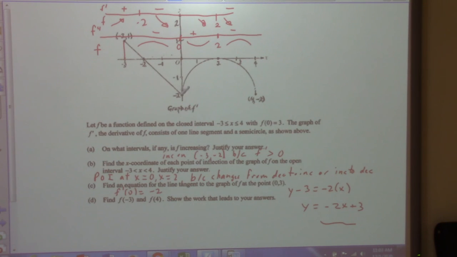We know it's 0, 3, isn't it? So we know it's 3 here, and we know we're below the x-axis here. So to get here we had to take the 3 and subtract out the area of this and add this area here.